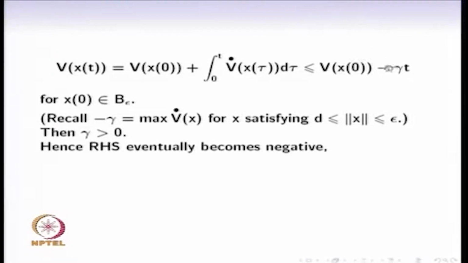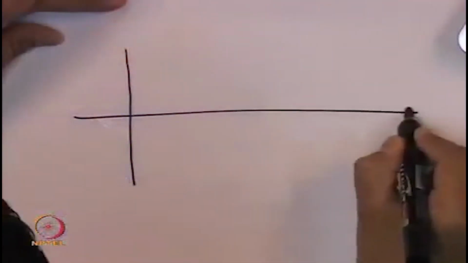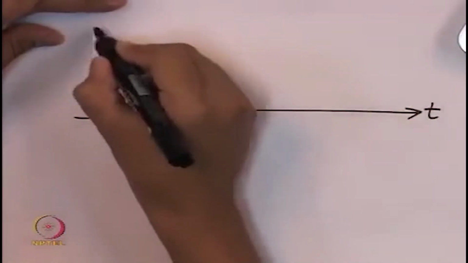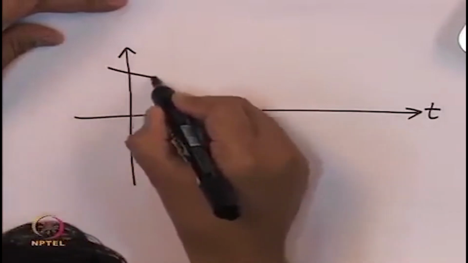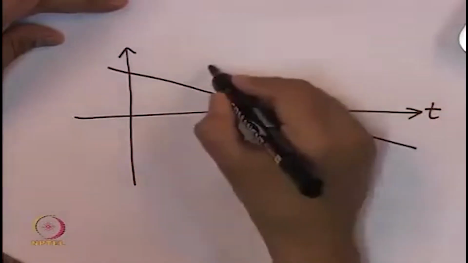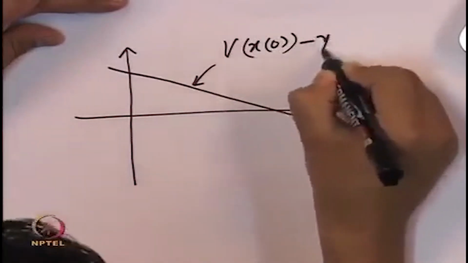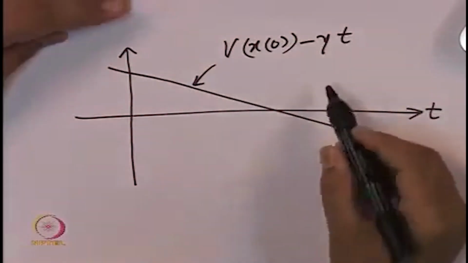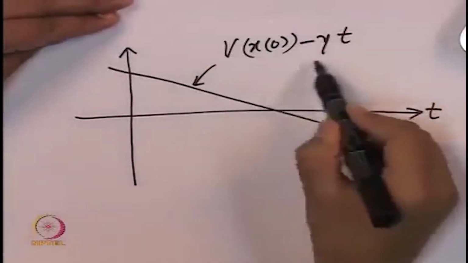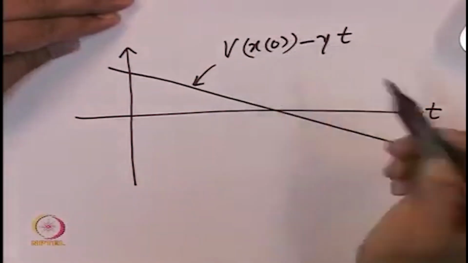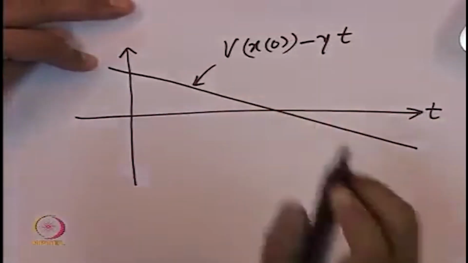So now notice that this right hand side, how does it behave as a function of time? This itself is a line with t as the independent variable. Gamma is some positive number, and hence this is a line with negative slope, with slope minus gamma, hence it is decreasing like this.